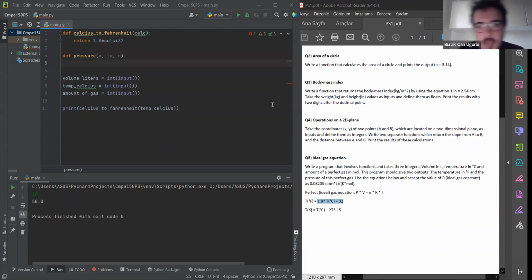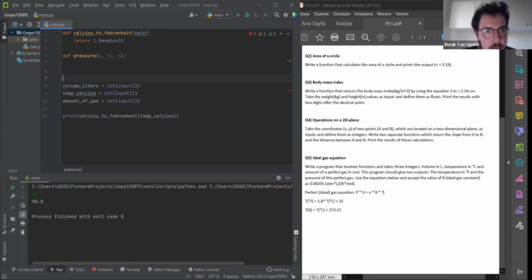So the ideal gas equation says that P is equal to nRT divided by V, as you can see here. And we will implement this equation also here. And I forgot to add here the value of the ideal gas constant. What we will do here is, first, we should write return, and we will multiply n with this value r.